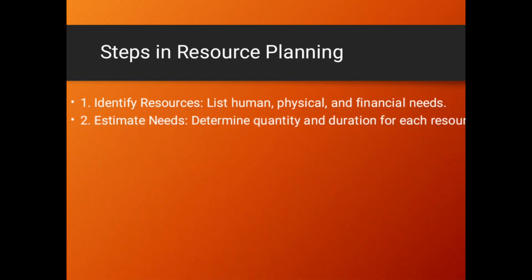From there, you need to estimate needs. On estimating needs, you are determining the quantity and duration for each resource. You are trying to see what will be the quantity of the resources that will be needed for this particular task and at what time.